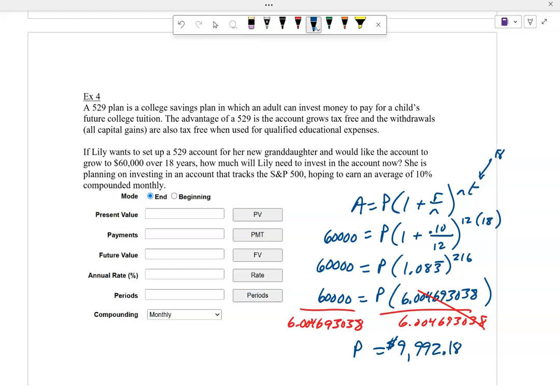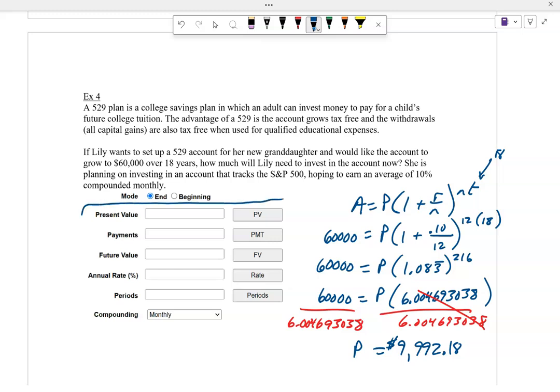So it's saying Lily's got to put $9,992.18. If it grows at 10% compounding monthly for 18 years, she'll end up with $60,000, right, to help pay for her granddaughter's college education. Let's do it in the time value money calculator.